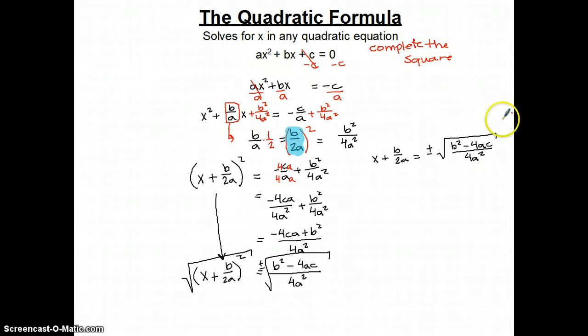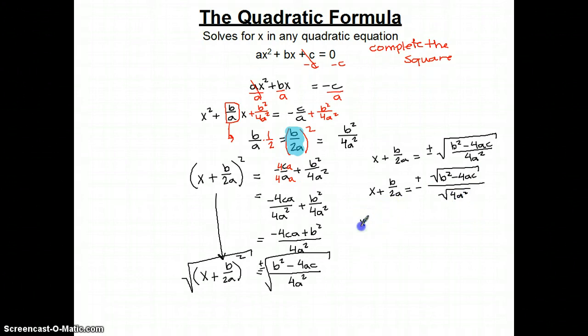One thing that I'd like to point out is that the square root is going over the numerator and denominator of the fraction. So I'm going to split it up. It's 2 square roots, 1 over the top and 1 over the bottom. Everything else I'm going to leave the same. So I have the square root of b squared minus 4ac on the top, and on the bottom I have the square root of 4a squared.